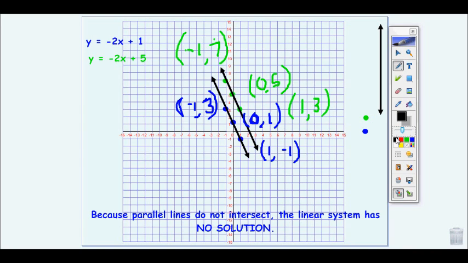Now, without graphing this, I could notice this because I can see here that my lines have the same slope, but each line has a different y-intercept. So that will also tell me these are parallel lines. That means there is no solution for this system of equations.